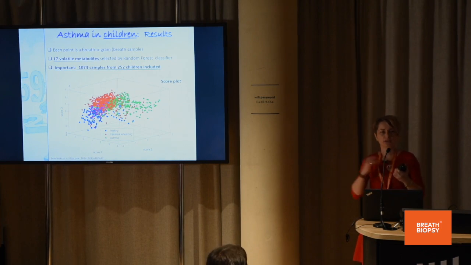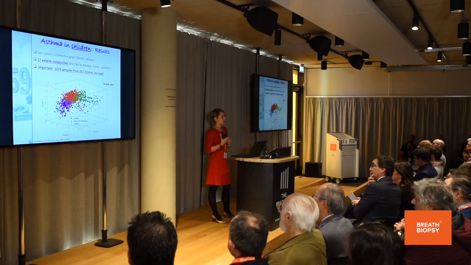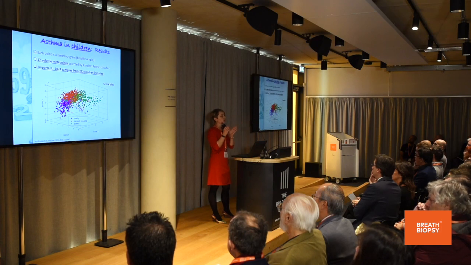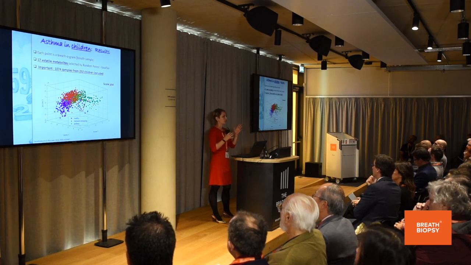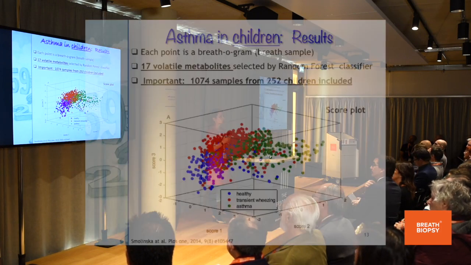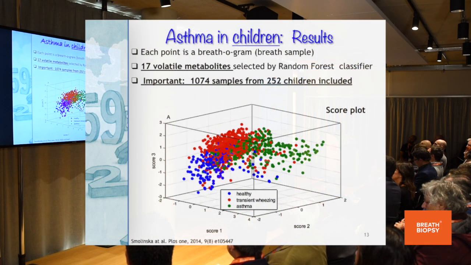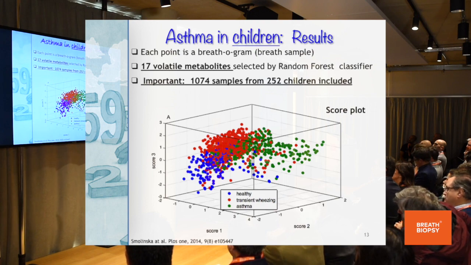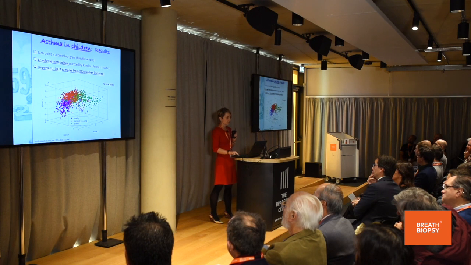The axes you can consider as a kind of cocktail of those 17 compounds. Using those axes, I can say how the compounds change and what is their contribution to distinguishing my groups. If you look at the figure, it's not a perfect separation, but we see clear 3 groups: healthy, wheezing, and asthmatic children.